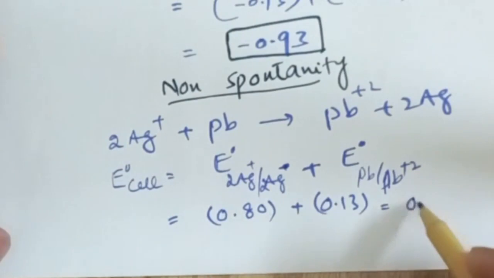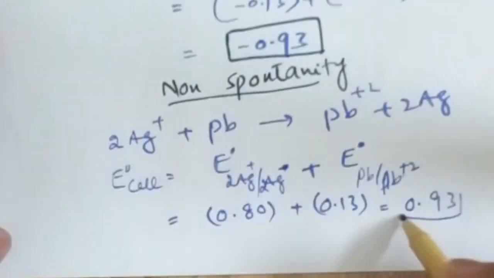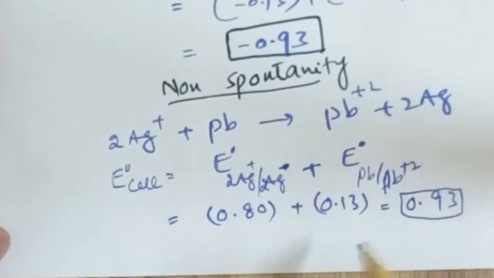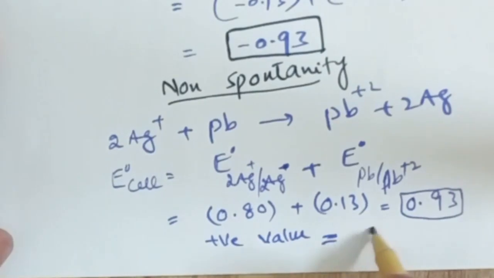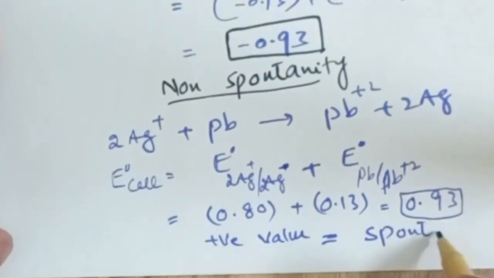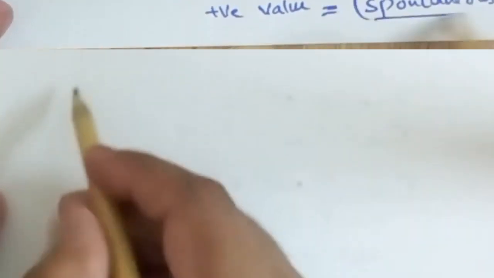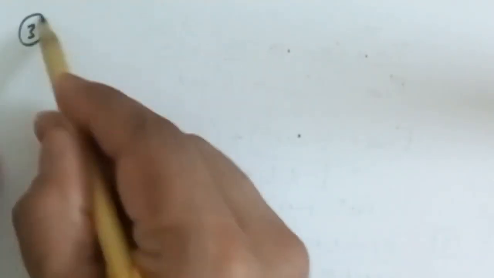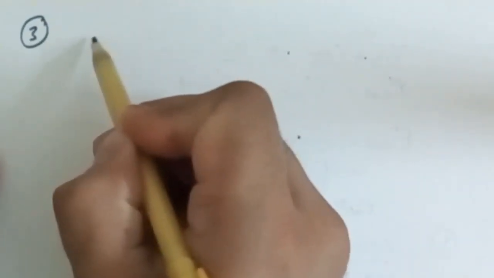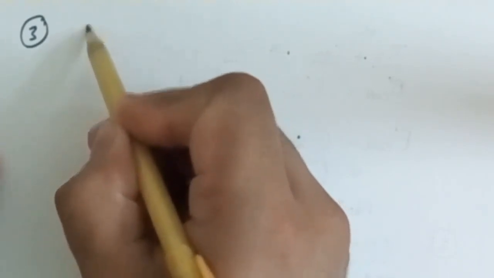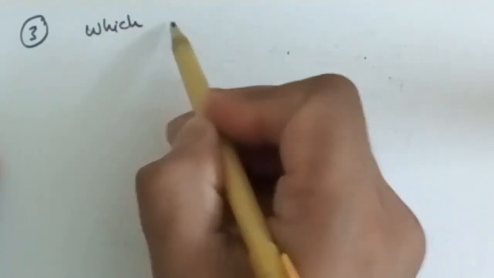So we will get the value 0.93, with a positive value. The positive value means this type of reaction occurs spontaneously.